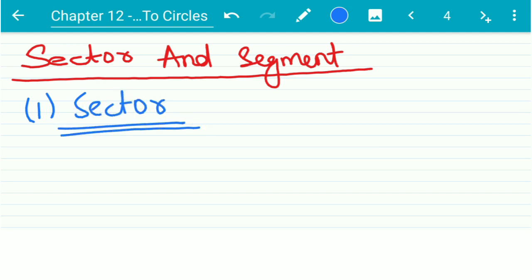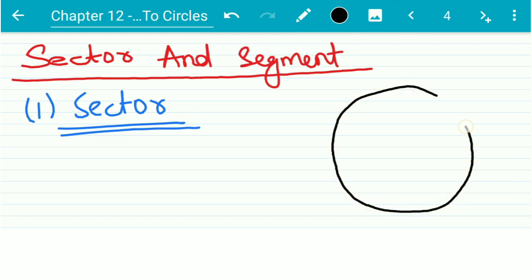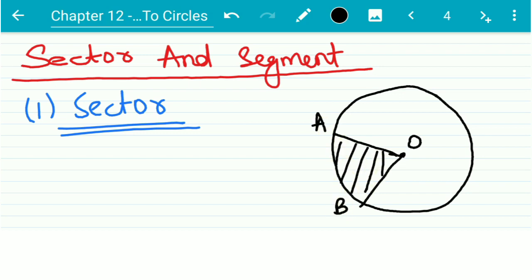Okay, what do you mean by a sector? See, suppose this is a circle with center O, with the radius touching the arc at A and B. This part is what you call a sector.